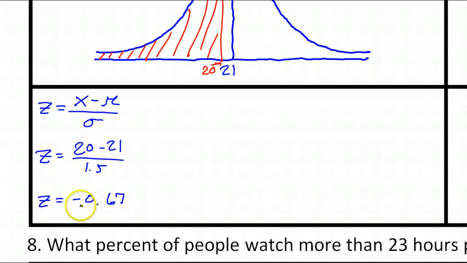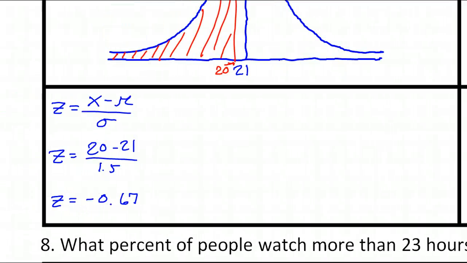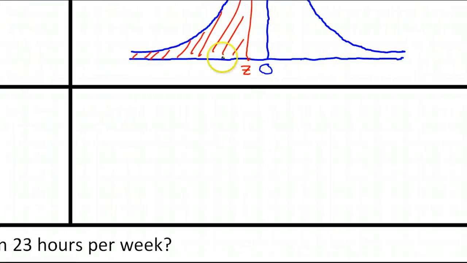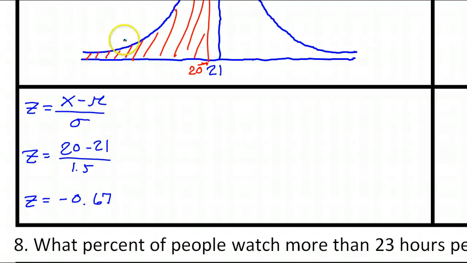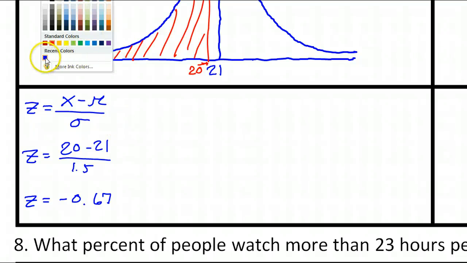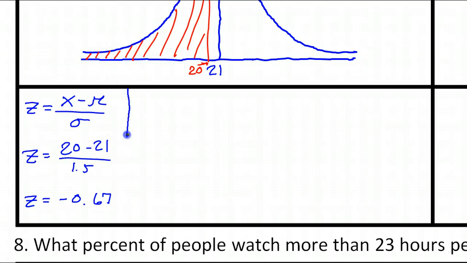So now we have our z-score. So let's go ahead and put that negative 0.67 in full effect. So this is negative 0.67 z-score. Now we will use the table to find the proper proportions. Okay, we will start with our symbols.